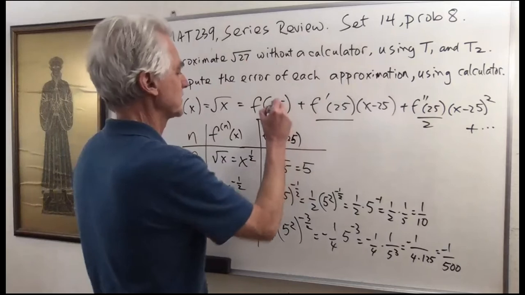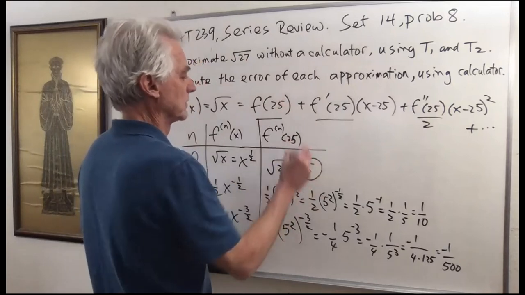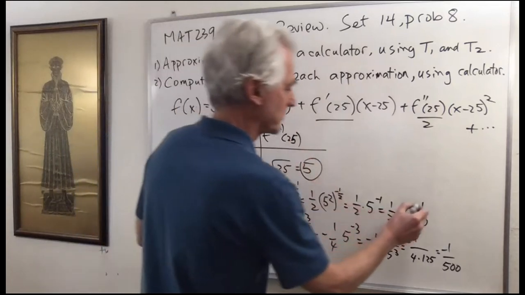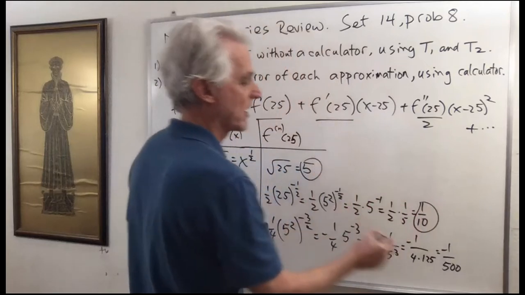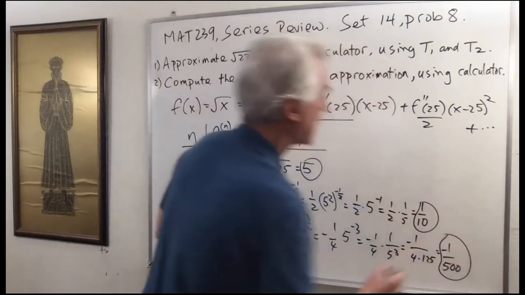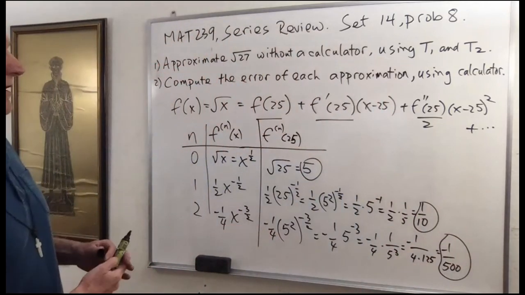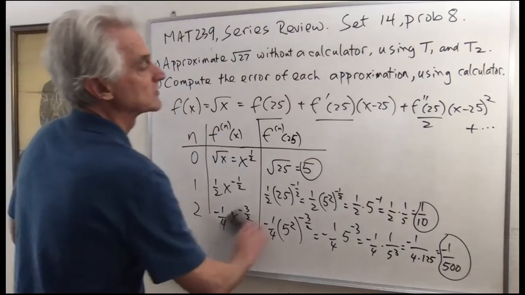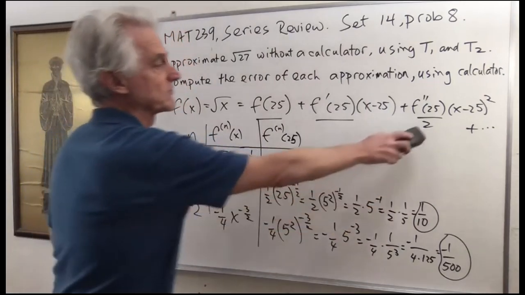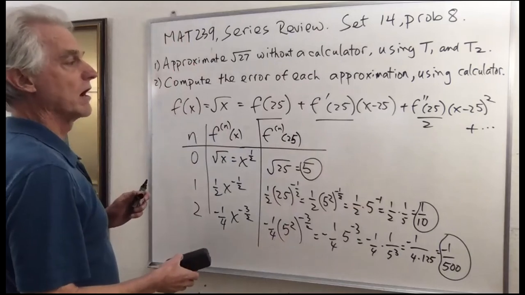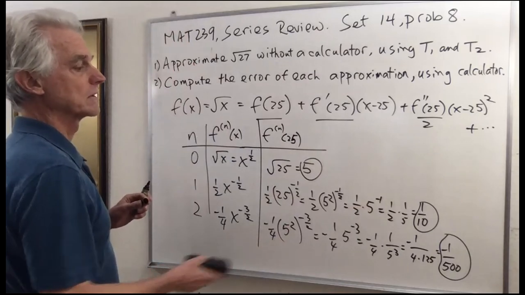So we've got these three numbers, f at 25, f prime at 25, and f double prime at 25. Let's not forget that factor of 2.